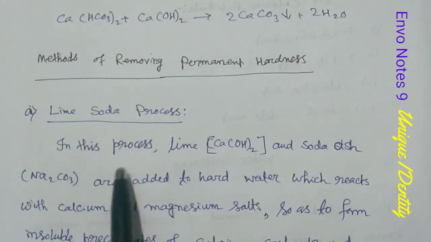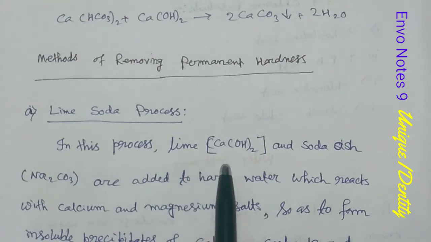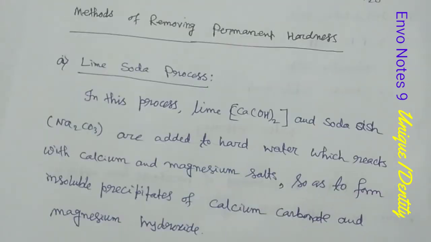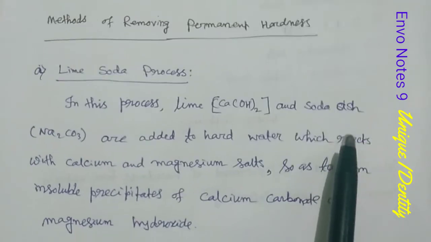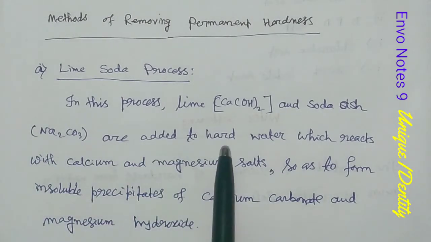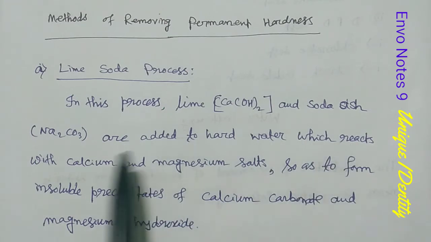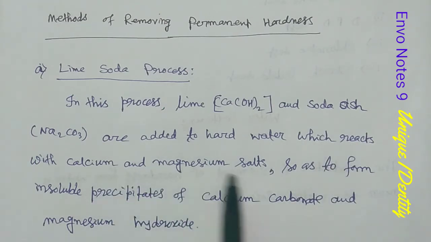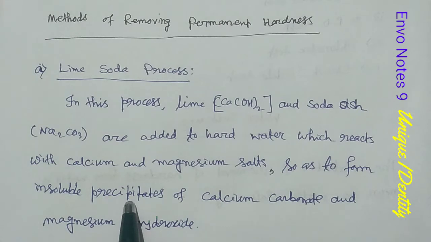In this process, lime, that means calcium hydroxide, and soda ash, that means Na2CO3, are added to hard water, which reacts with calcium and magnesium salts so as to form insoluble precipitates of calcium carbonate and magnesium hydroxide. This precipitate can be sedimented out in a sedimentation tank.